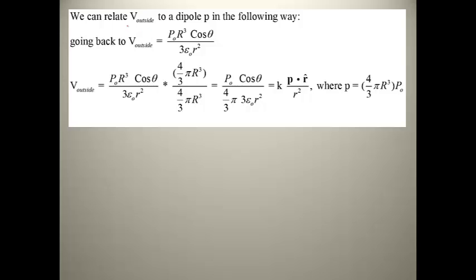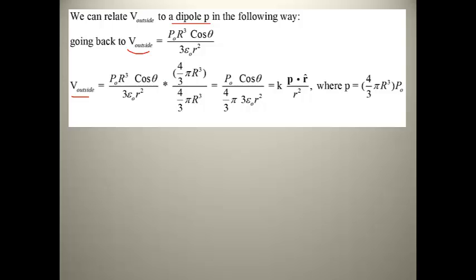So we can relate V outside to a dipole P, which would be right at the center of the sphere, and it will look like this. We have V outside equaling this quantity here, which we've shown, and we can take the V outside and write it in the following way. So here it is again.